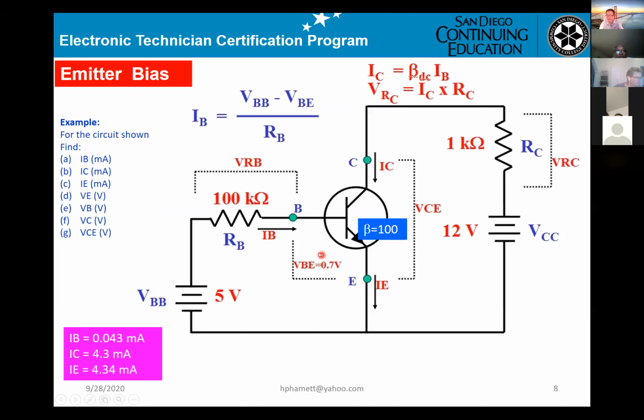You can see it right here. They already gave it to you right here. From the base, 0.7 volt. Base to the root, that means VBE, 0.7 volt. VBE equals VB, right? The emitter is connected to the root.